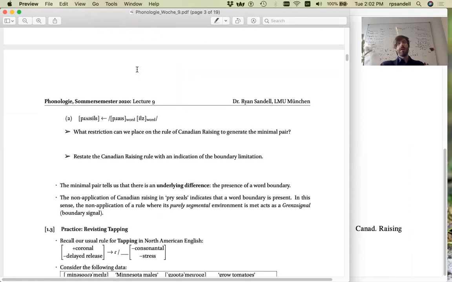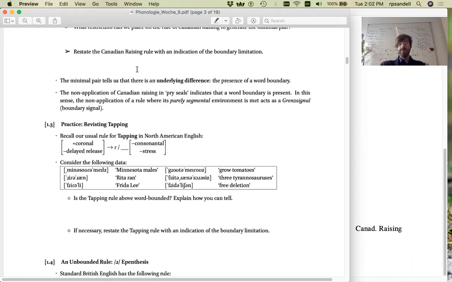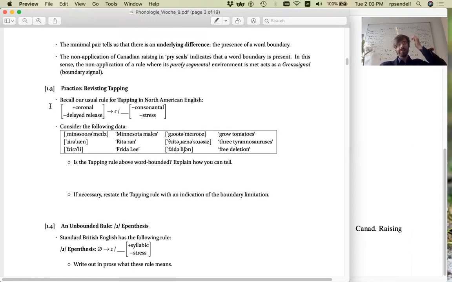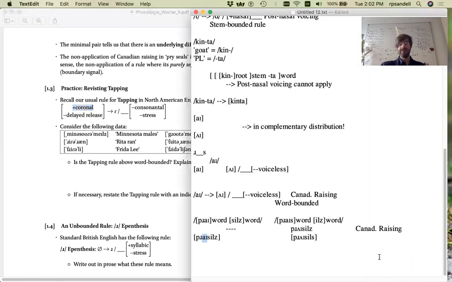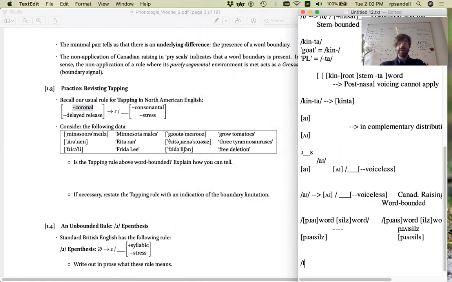Okay. So as a further instance in looking at boundaries, we can revisit the North American English process of tapping. Let's remember what this process does. It takes in a delayed release coronal segment. So the inputs then are coronal stops. Sounds that can undergo tapping are [t] and [d].